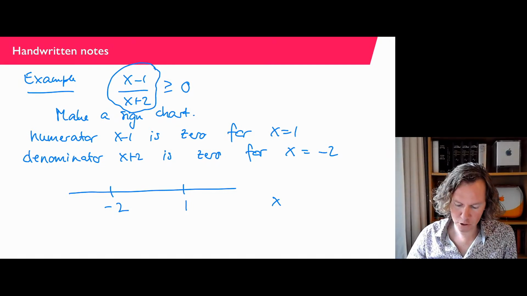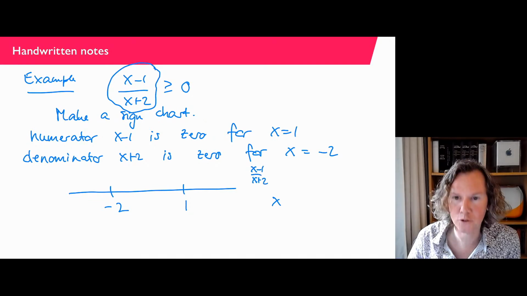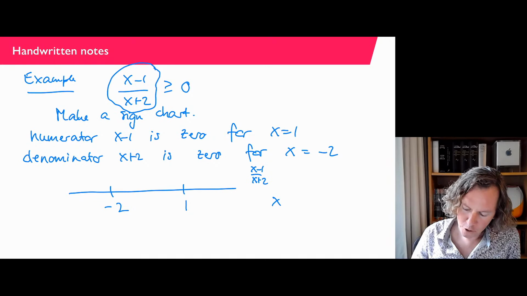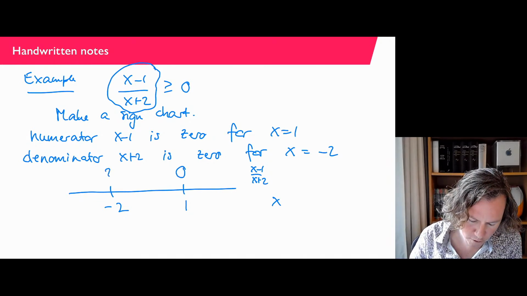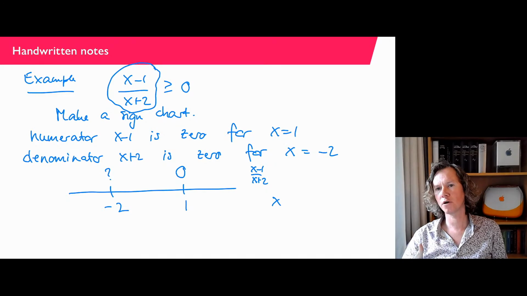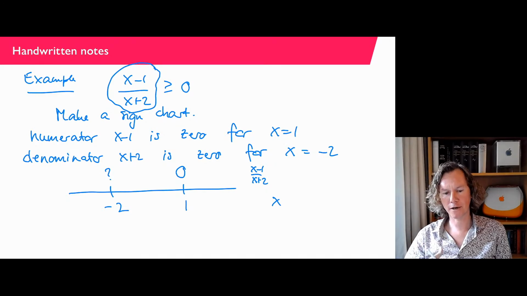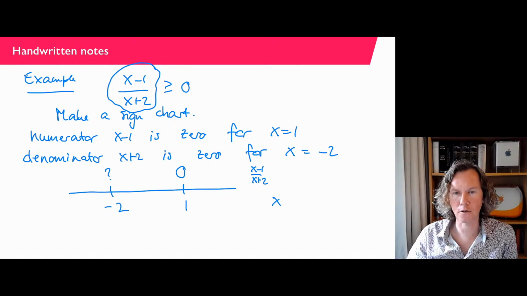I know that at x is 1, the whole expression, x minus 1 over x plus 2, so that's at the top of my little drawing, is 0 for x equals 1. And it is undefined, because I get division by 0, for x equals minus 2. So I write a question mark there because I don't know the value. The thing is not defined there. I could also put infinity or minus infinity, but I just put a question mark.